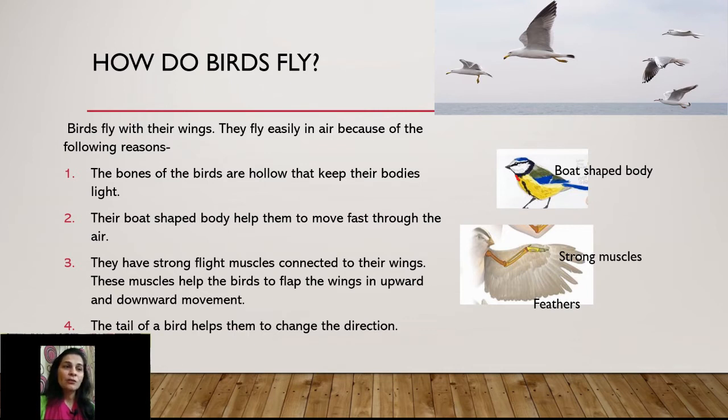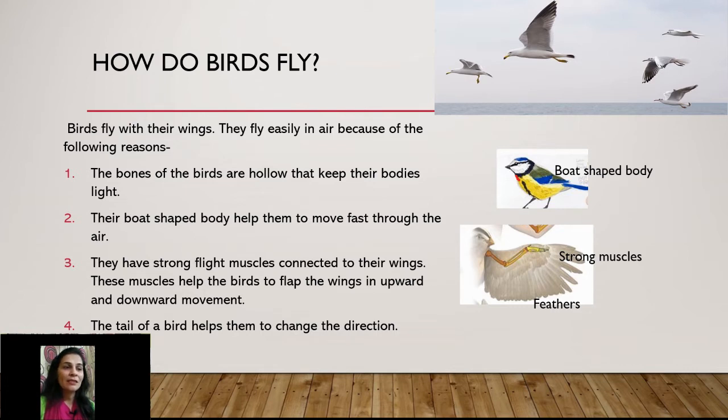As you can see in the picture, boat-shaped body, and aeroplane's body is also boat-shaped. They have strong flight muscles connected to their wings. These muscles help the birds to flap the wings in upward direction and in downward direction.